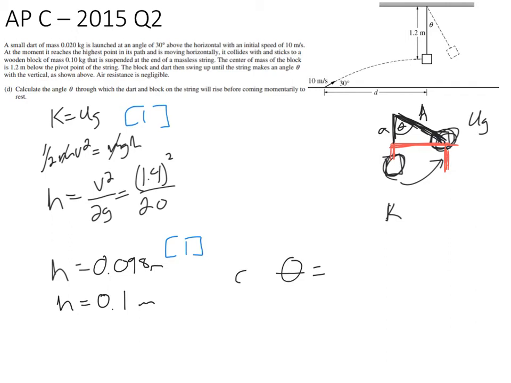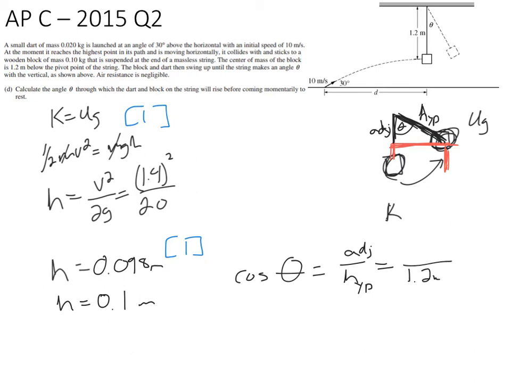So, cosine is adjacent over hypotenuse. It's the easiest one to find. The hypotenuse, I already know, not to be confused with h, the height. That's the hypotenuse, and this is adjacent. Well, the hypotenuse we know is the length of the string, 1.2 meters.